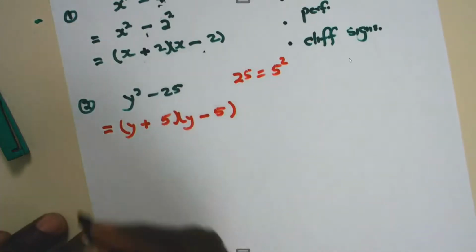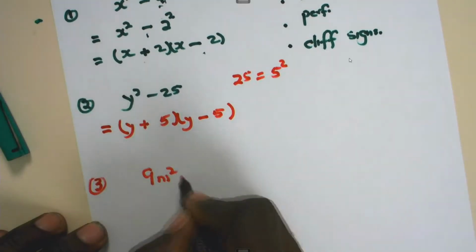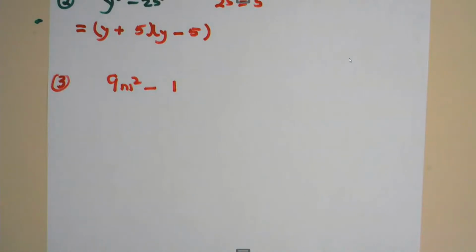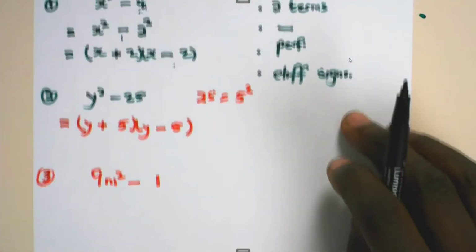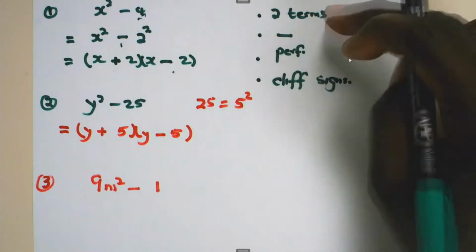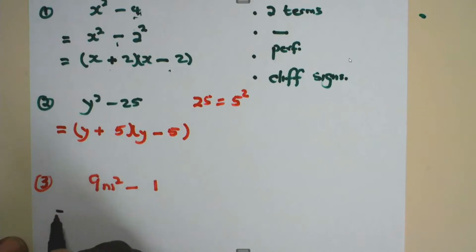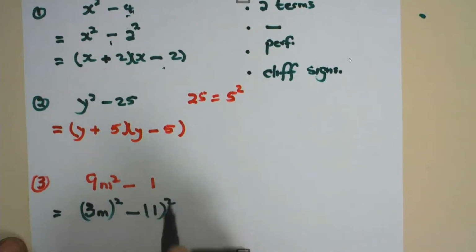Now let's take the third example, which is 9m squared minus 1. Everything is perfect there. 1 by 1 is 1. So we follow the same procedure: they are separated by a negative sign, there are two terms, perfect squares, and the signs are different. 9m squared is 3m squared, minus 1 squared.